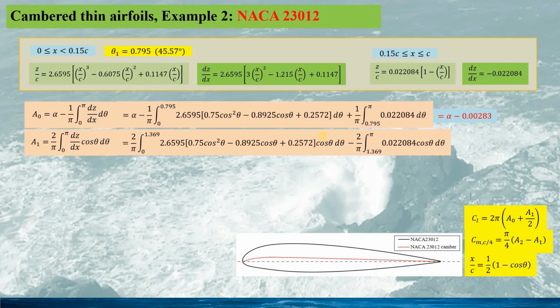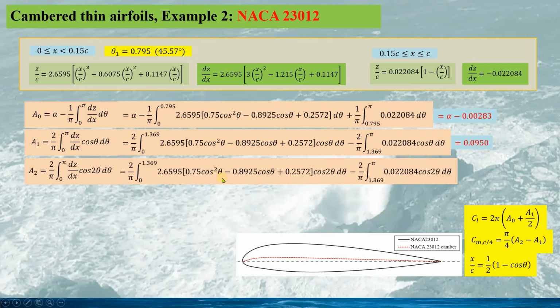But with the computer program, this would be easy enough. We can get the result for A1 as this. Similarly, for A2, the calculation is given as this. The difference between A1 and A2 is the integrand, cosine theta for A1 and cosine 2 theta for A2. So the program would calculate the result for A2 as this.